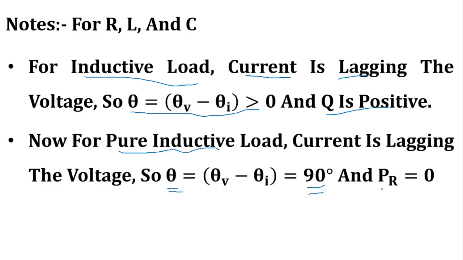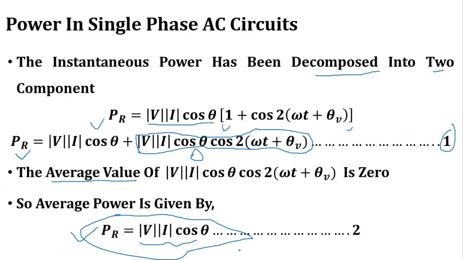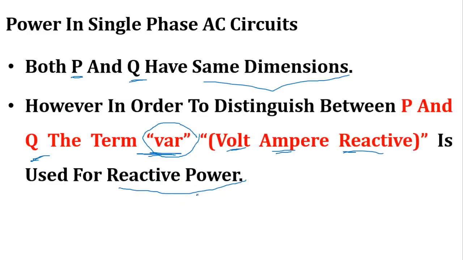In that case, active power becomes 0. If you put theta equal to 90 degree over here, then cos 90 is equal to 0. So PR becomes 0. So we can say that for a pure inductive load PR is equal to 0, and for a resistive load Q is equal to 0.